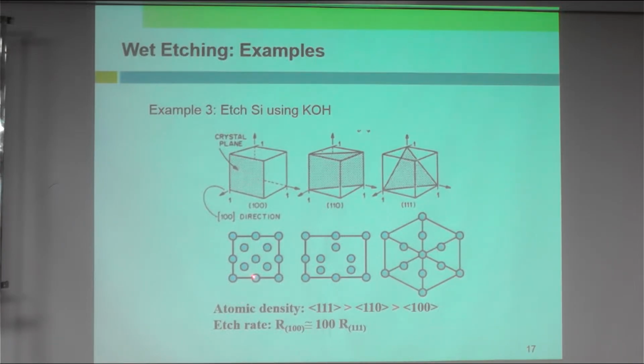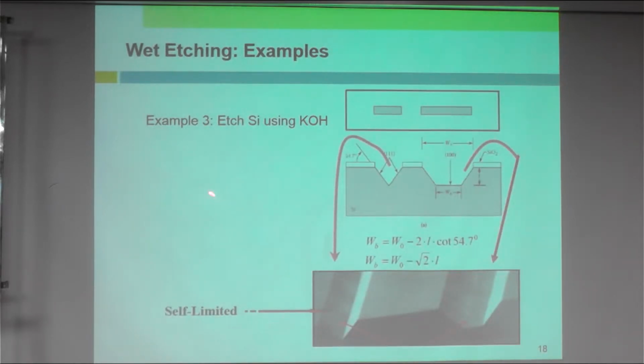Due to this orientation structure, the etching rate of the silicon will be different. You can attack the surface of a certain orientation more and others less, so there is selectivity for the orientation of the crystal. For example, you can have this kind of structure, the 111 surface here.